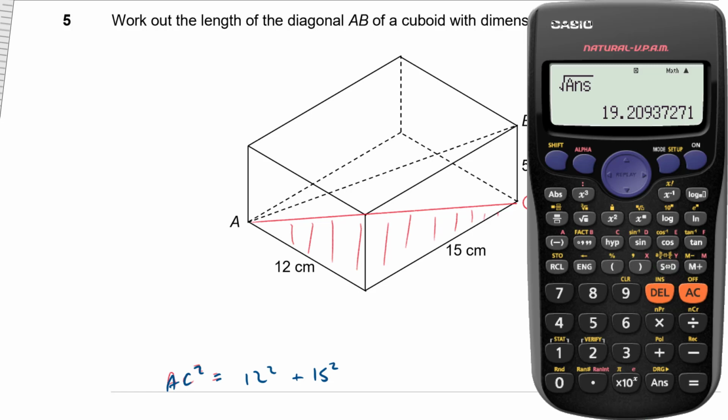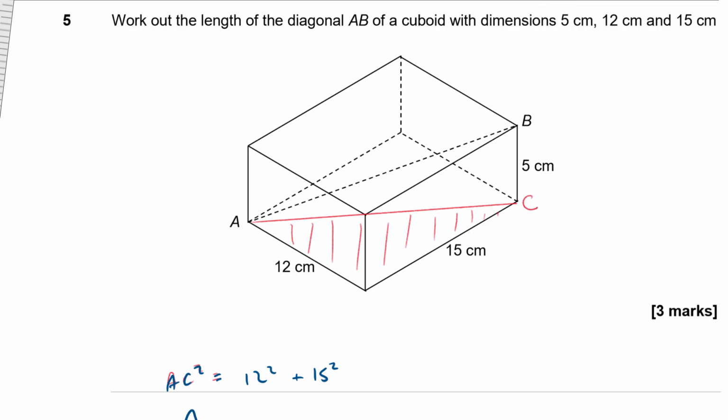It's going to give me 19.2 in a bit. I might just leave it as that. Then AC is the root of that, so AC is the root of 369. Okay, so now I know that this side here is root 369.